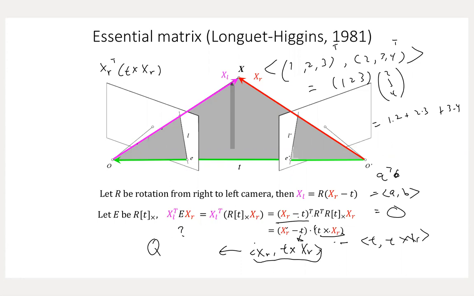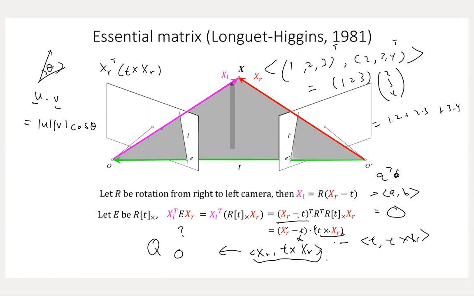Yes, okay, so this should be 0. Remember, if you have two vectors, let's say U and V, the inner product of U and V is equal to the magnitude of U times the magnitude of V times cosine theta, where theta is the angle between the two vectors. So if these two vectors are orthogonal, then that will be equal to 0.